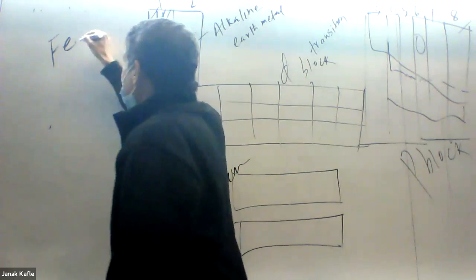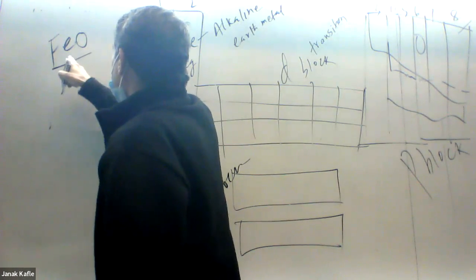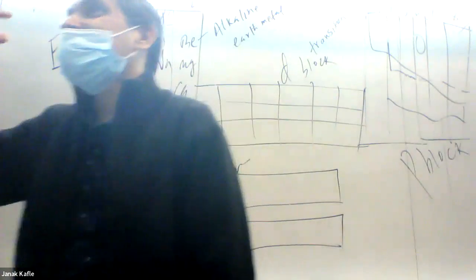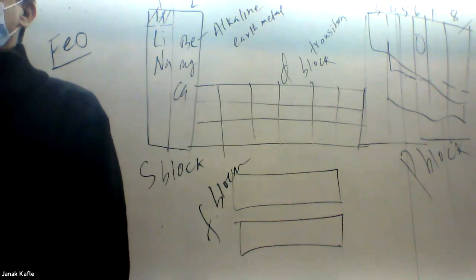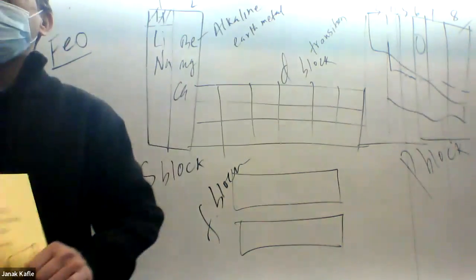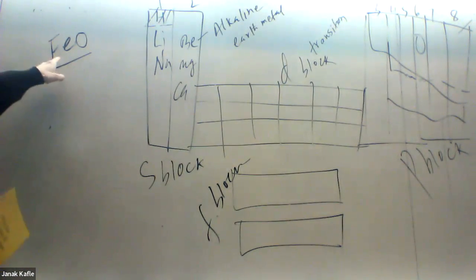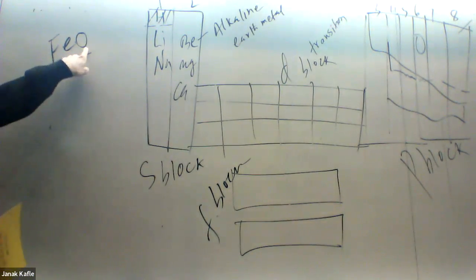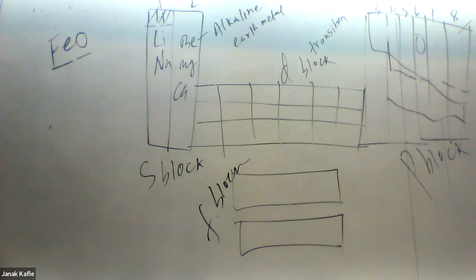If I combine that guy with this guy in a certain ratio, then I have two elements combined with a certain principle, a certain rule, and that's now become a compound. Make sense? So if two or more elements combine chemically, they give a substance that is called a compound. So FeO is not an element. Fe is an element, O is an element, but FeO is not an element. That's a compound. Make sense?